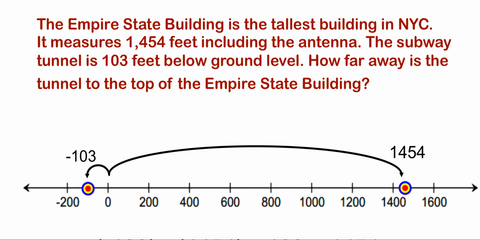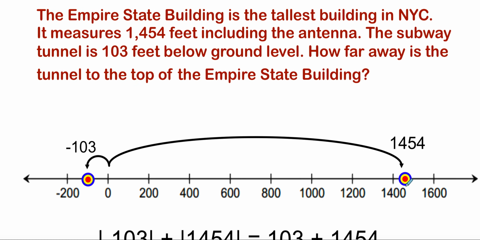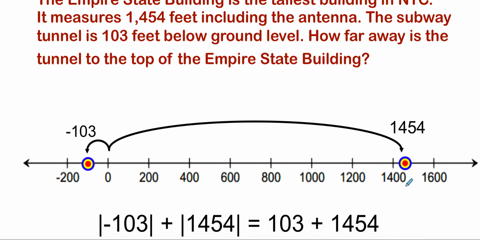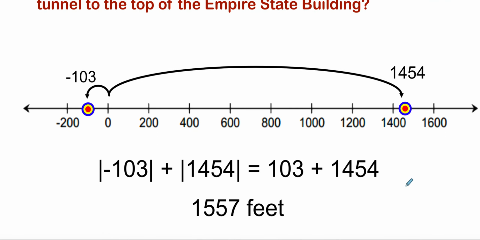Here is the number line. So negative 103, and the 1,454. Now, in order to figure out this distance, we're going to add the absolute values.